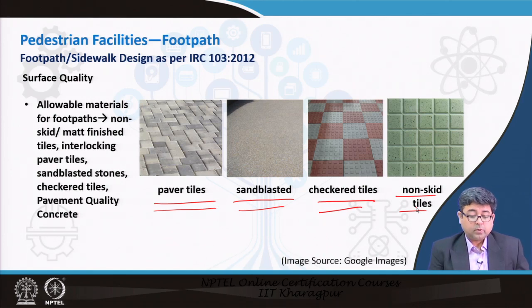All of this allows you to walk on the surface without the fear of slipping. That is one of the fears while you walk on any surface, that during rain or any other cleaning of the surface, it should not become slippery. So, these are examples of different types of surface quality that can be provided along your urban pedestrian facilities.